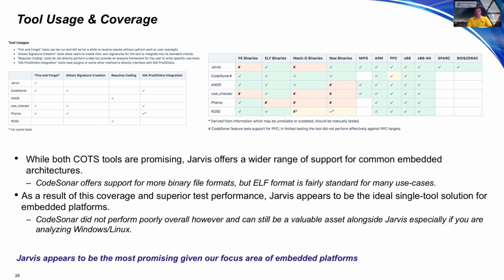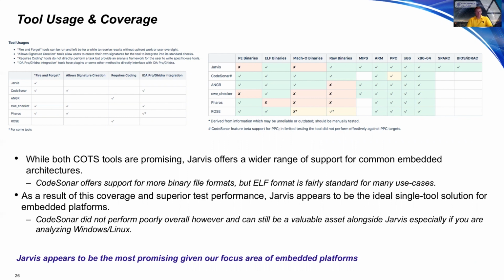They also have varying support for various architectures between PE, ELF, MIPS, ARM, and the rest. On the embedded architecture side, like I said, Jarvis provides the most support. If you want more support for the Windows and Linux side above and beyond, then CodeSonar would be good, as well as augmenting with some open source.